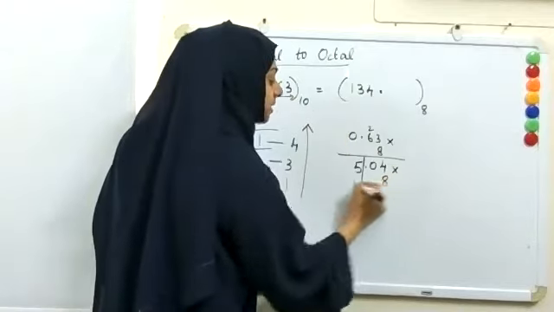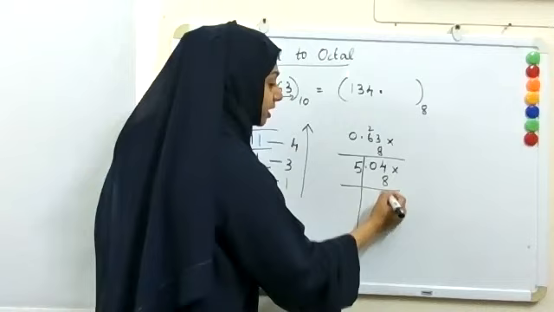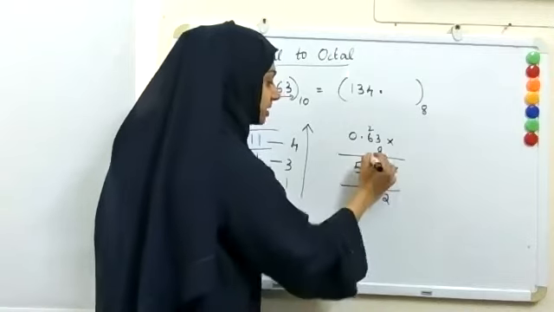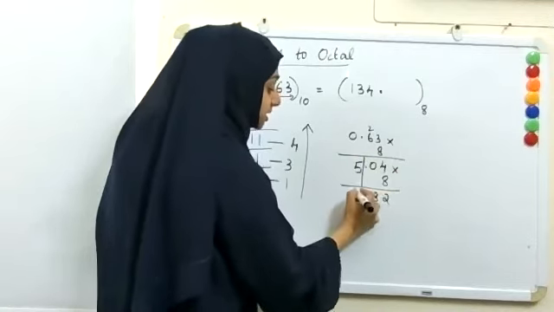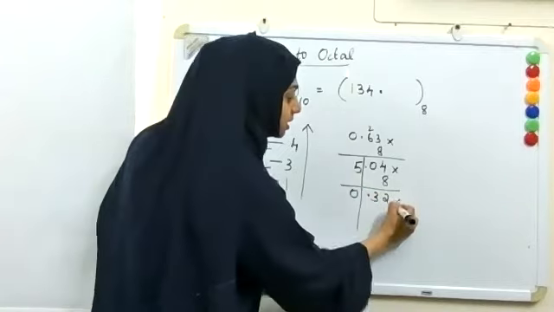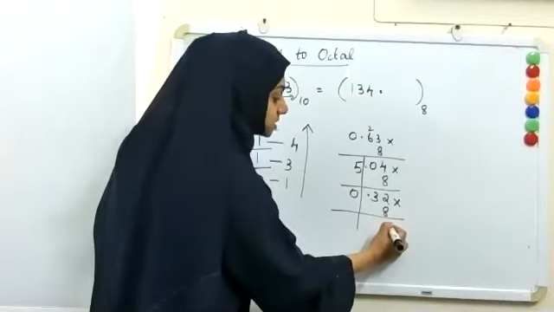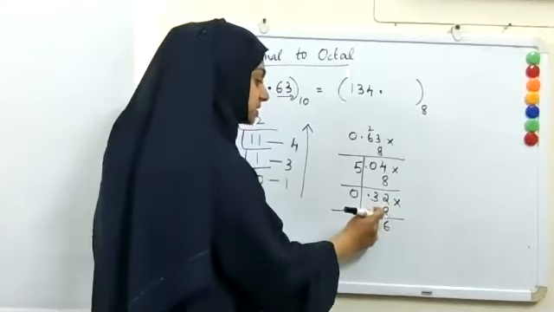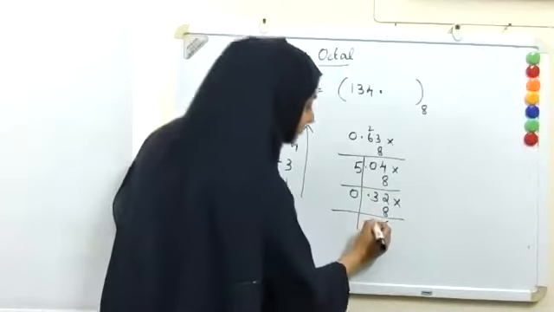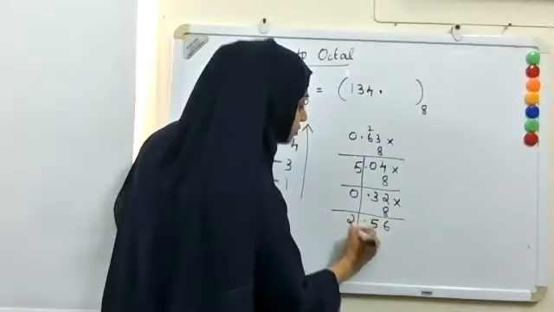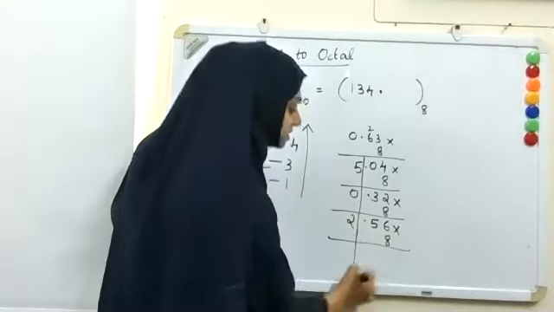So again multiply it with 8. 8 4s are 32, 2, 3 balance, 8 zeros are 0, so 3, so nothing, so you have to put a 0 here. Again multiply it with 8, 8 2s are 16, 1 balance, 8 3s are 24, so 25, 5.2. So again, let me multiply once again and then I will stop.